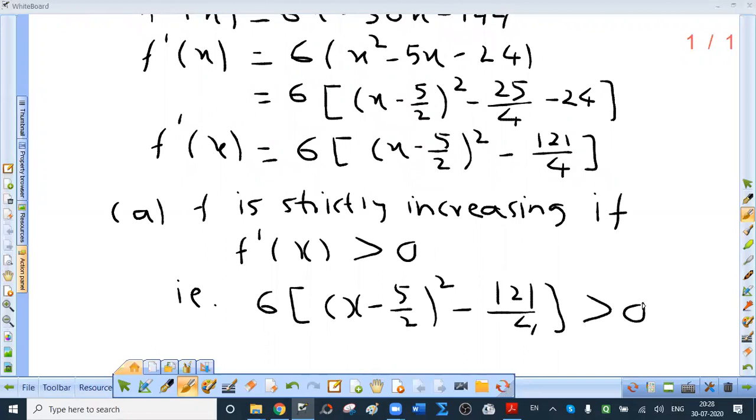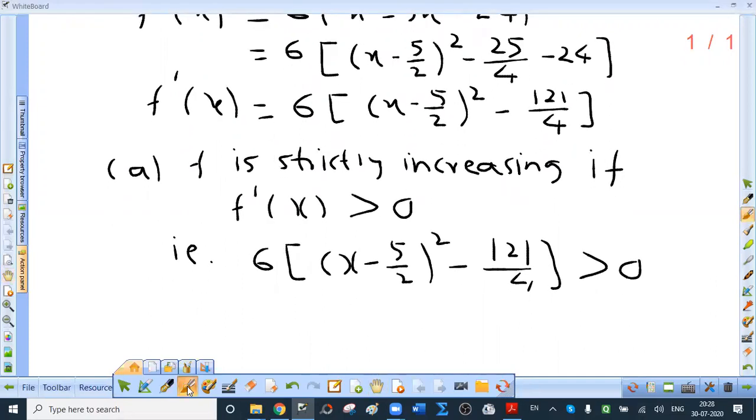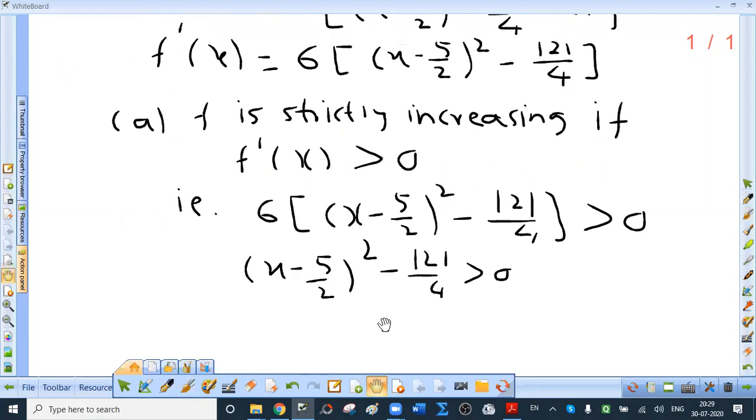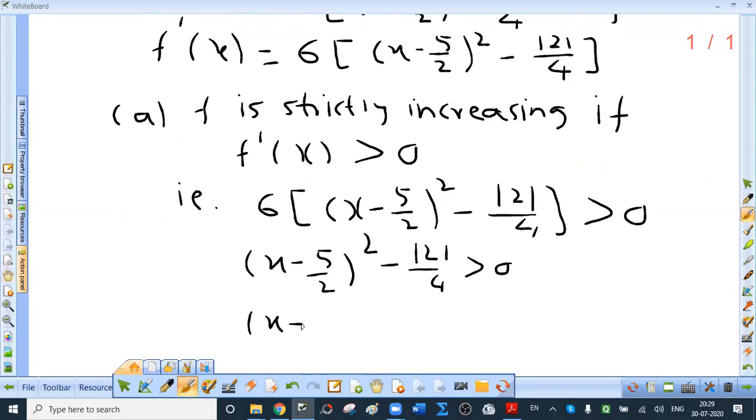Now solve this. Tell me what you get. So x minus 5 by 2 square minus 121 by 4 greater than 0, that is x minus 5 by 2 square greater than 121 by 4.